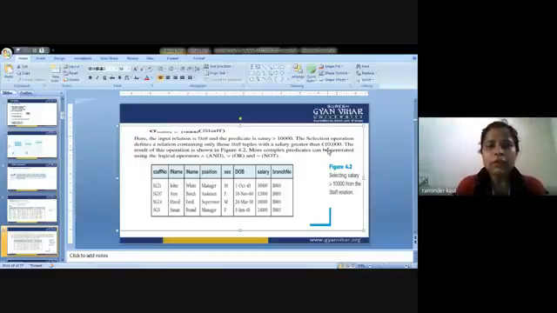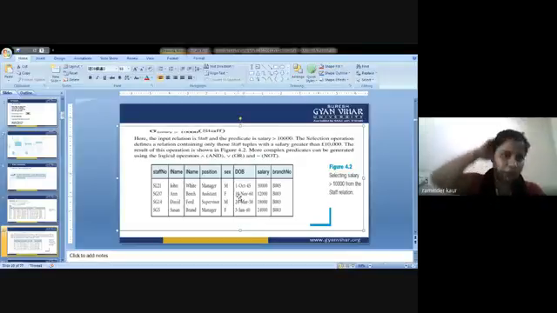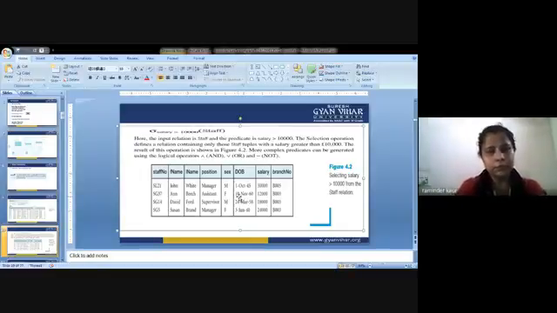The result of this operation is shown here. More complex predicates can be generated using the logical operators and, or, not. So just have a look at this query and its interpretation.